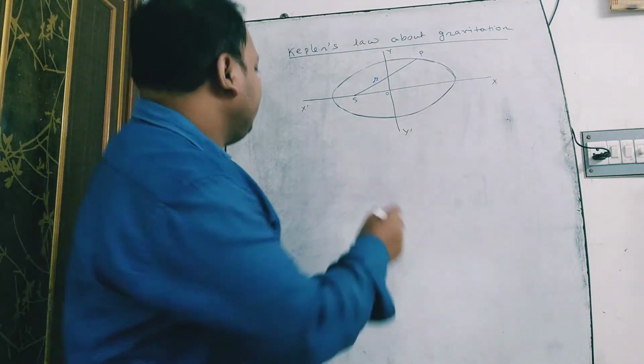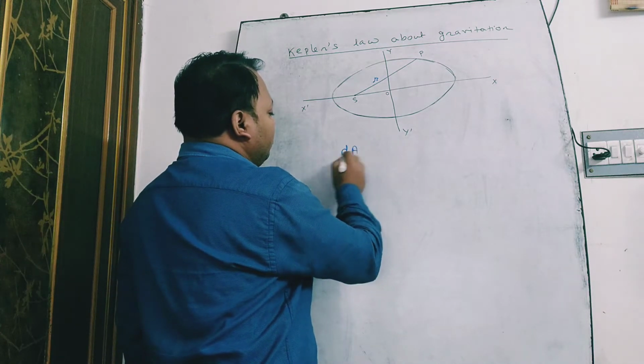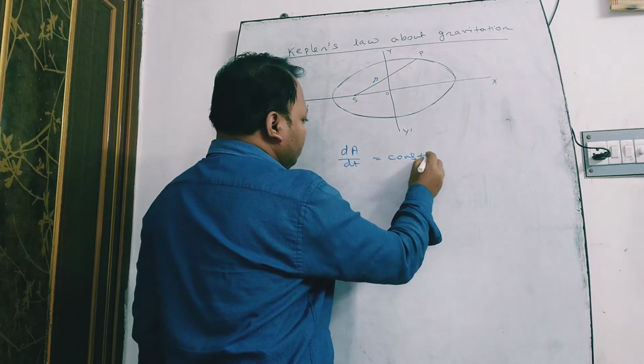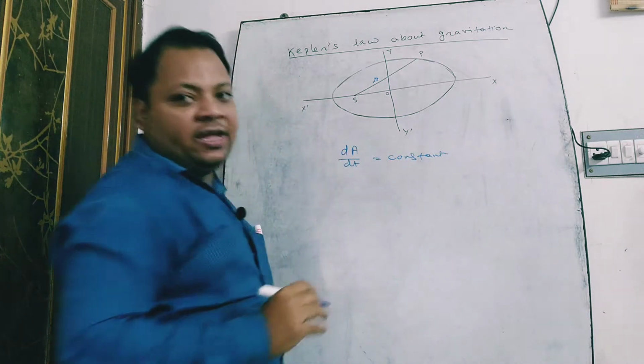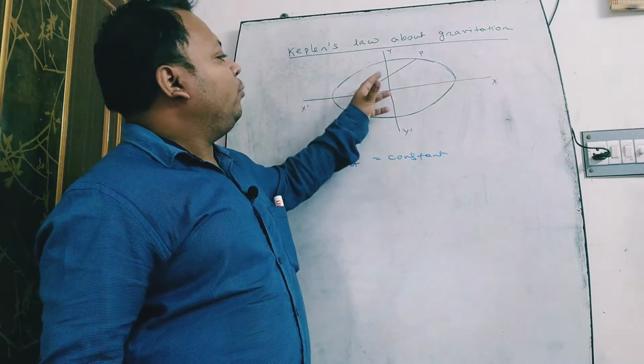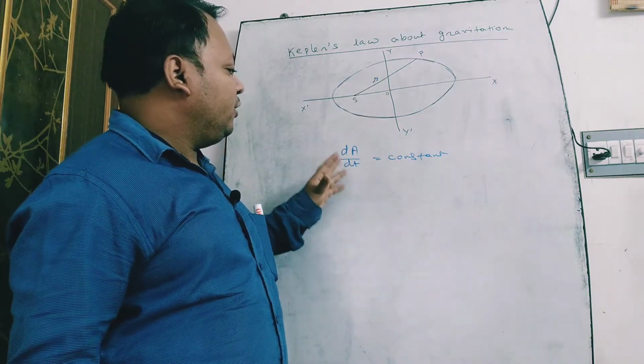That is, dA/dt = constant, where A is the area covered by the position vector r during time t.